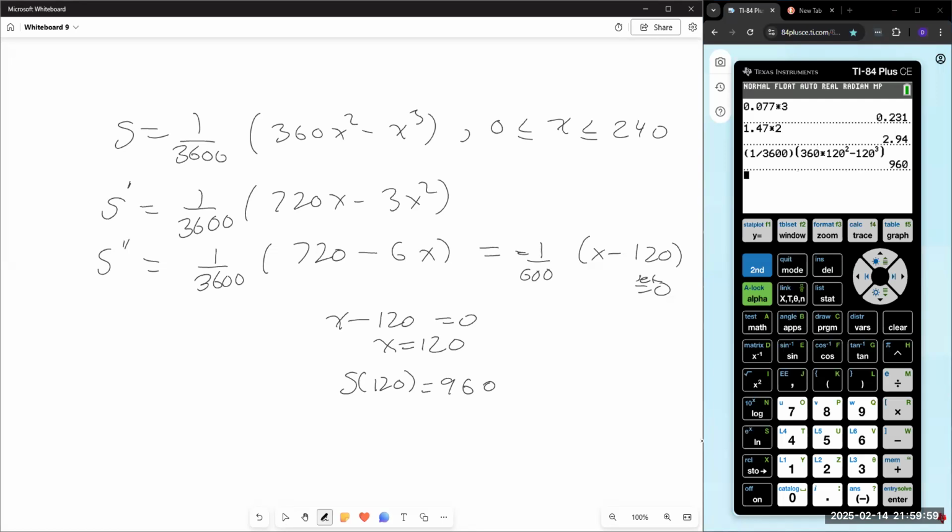So your point of diminishing returns will be 120, 960, which represents that if $120,000 is invested in advertising, then the sales will be $960,000 in response to that.